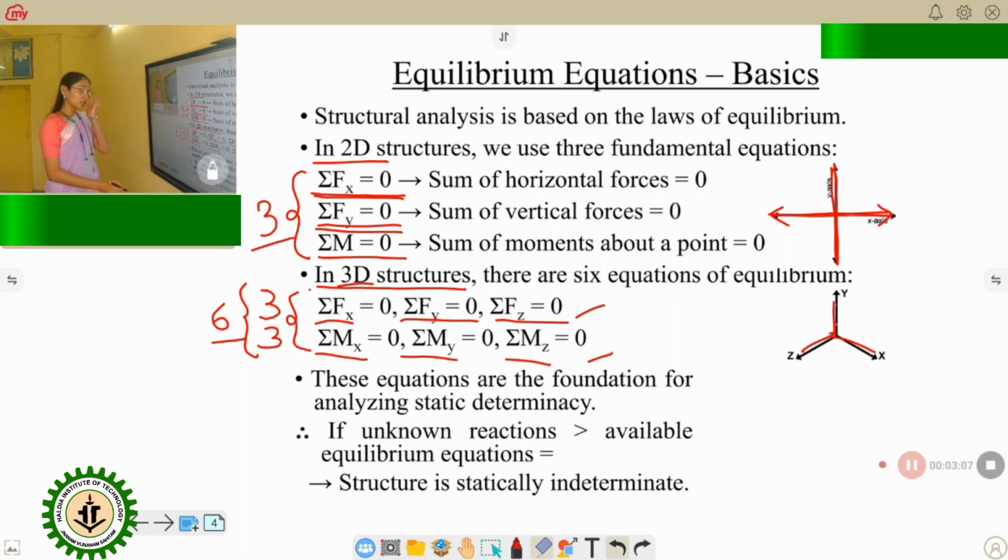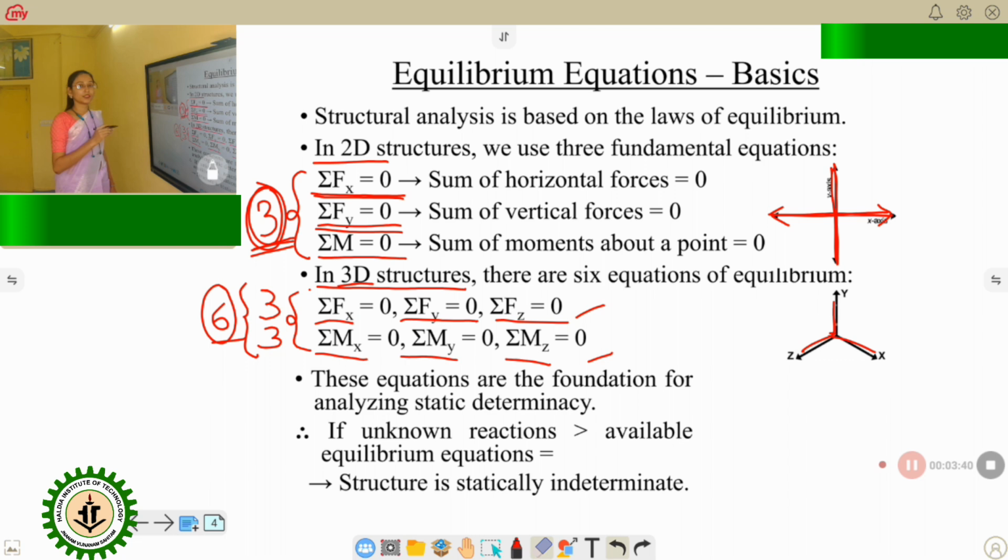Now these equations help us understand the indeterminacy of structures. We all know that how many unknowns can be solved depends upon how many equations are available. Similarly here, if 3 equations are available, we can solve 3 unknowns. Whereas if there are more than 3 unknowns, the problem cannot be solved using these 3 equations, because the number of unknowns is greater than the number of equations available.